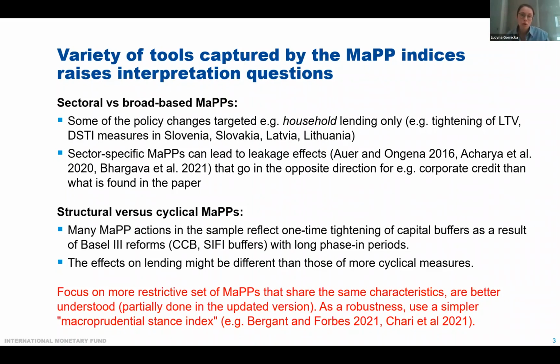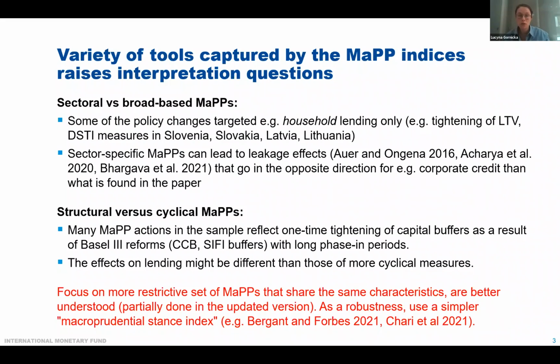However, as we know, different types of macroprudential policies very often differ from each other a lot. They are designed to target different sources of risk. Their scope and type of borrowers vary from tool to tool a lot sometimes. And this matters, for example, in the case of sectoral versus broad-based macroprudential tools.